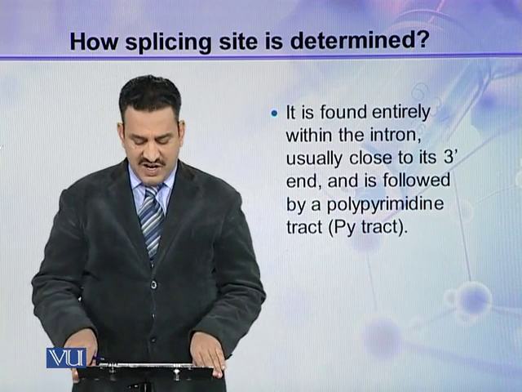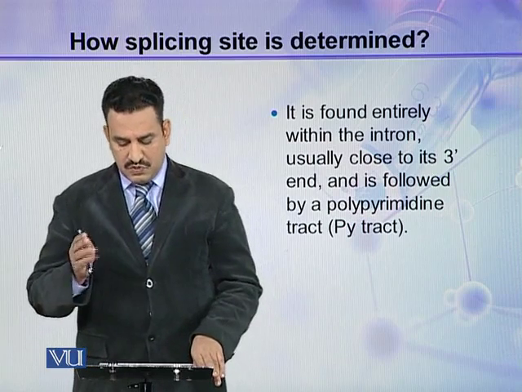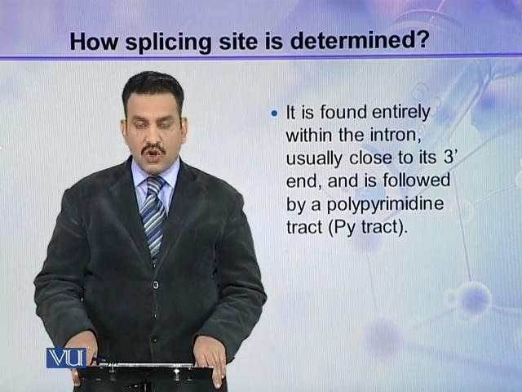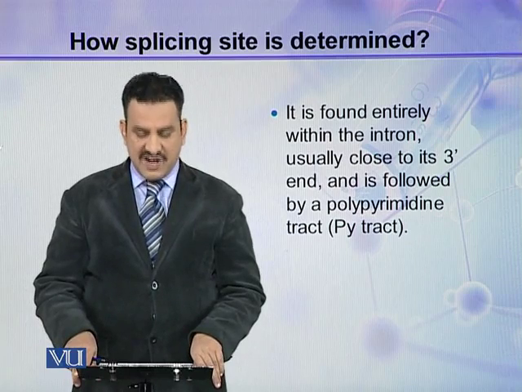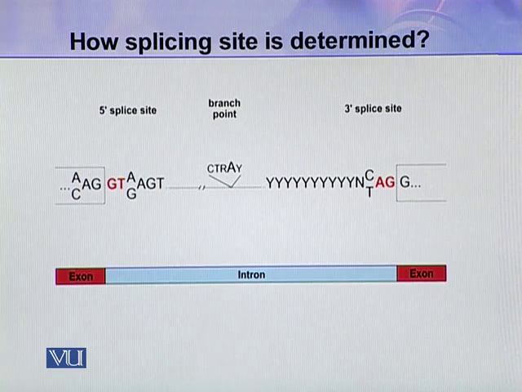It is found entirely within the intron, usually close to its 3' end, and is followed by a polypyrimidine tract, that is PY tract. So here again you can see in the center is the branch point sequence and then it is followed by the PY tract. So this is an important sequence.